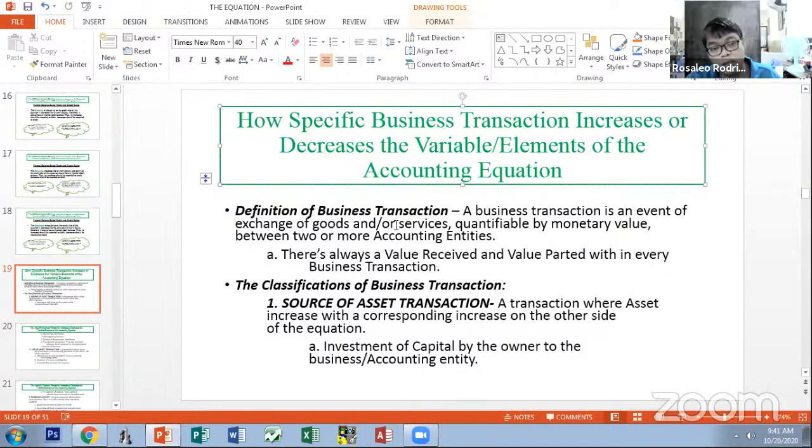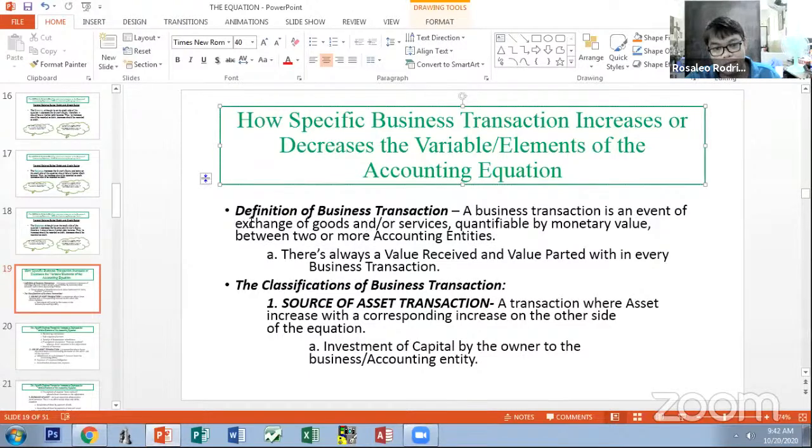So, definition of business transaction. A business transaction is an event of exchange of goods and services quantifiable by monetary value between two or more accounting entities.